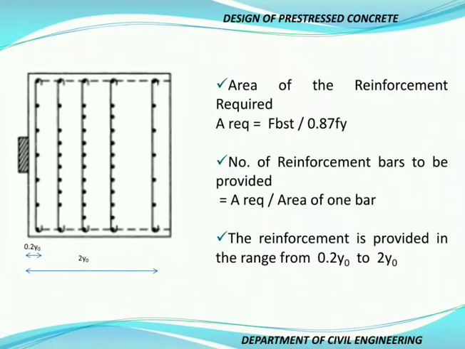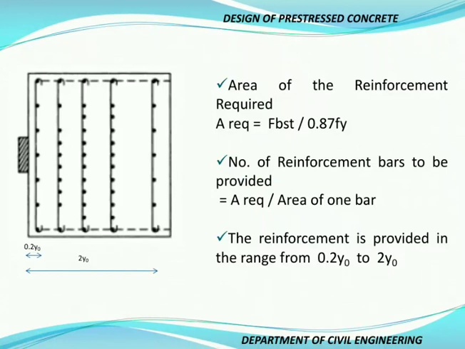Then about reinforcement. The area of reinforcement required is obtained as A required equal to F BST, that is the bursting force which we obtain from the equation given by the IS code, divided by 0.87 times fy.